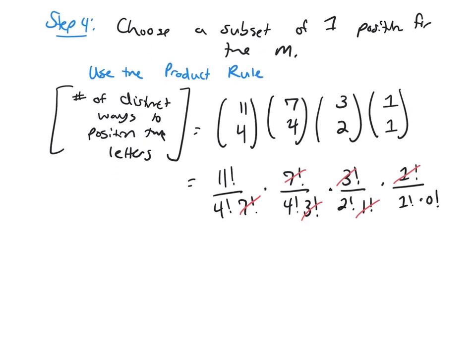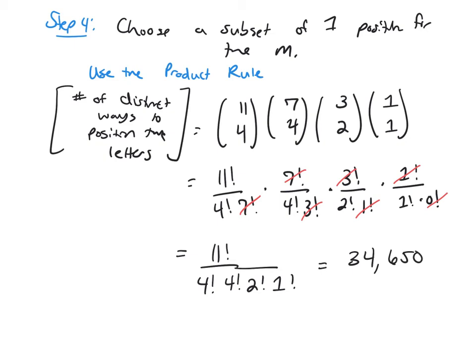So in the end, I'm getting 11 factorial over, and 0 factorial is just 1, so I can cancel that away. So 11 factorial over 4 factorial, 4 factorial, 2 factorial, 1 factorial. And if you simplify this, this will be 34,650.